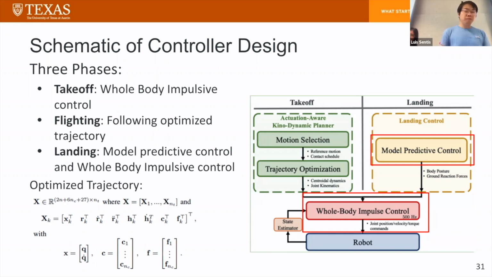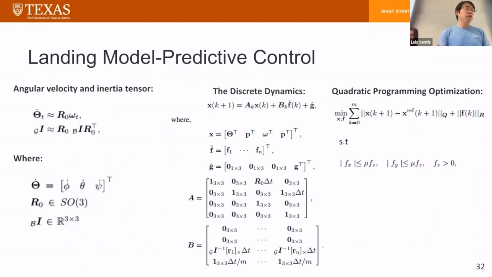So what do we have here? It's basically this set of formulas. This X is defined as the objective variables that we're trying to make follow the trajectory as much as possible. Theta is the Euler angles of the body. P is the position of the center of mass.